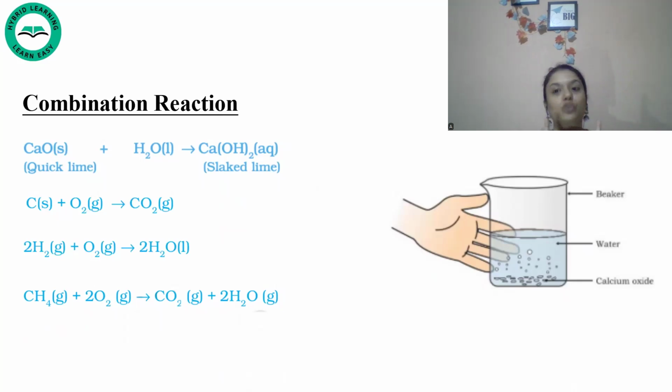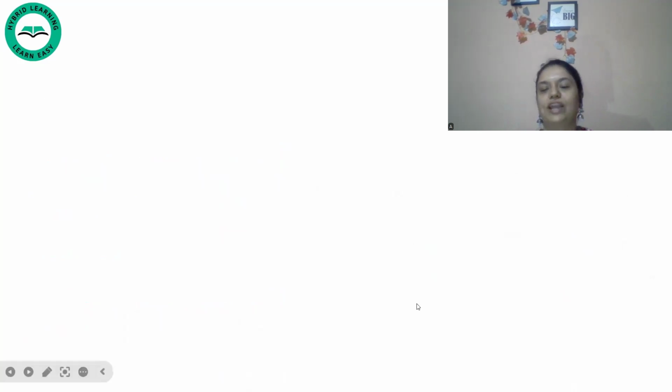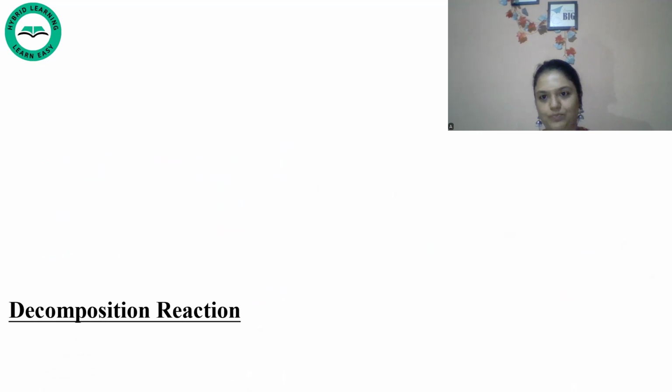This reaction you should always remember because when you proceed with organic chemistry, you will have various equations in which you will understand that whenever you take a hydrocarbon and make it react with oxygen, it will always give carbon dioxide and water, and there will be a liberation of heat as well.